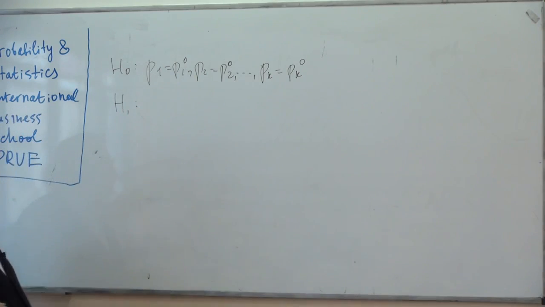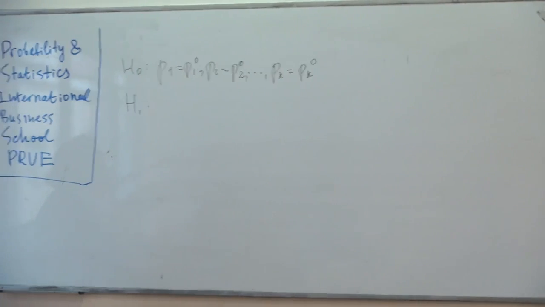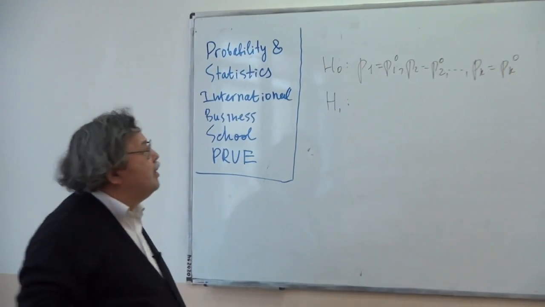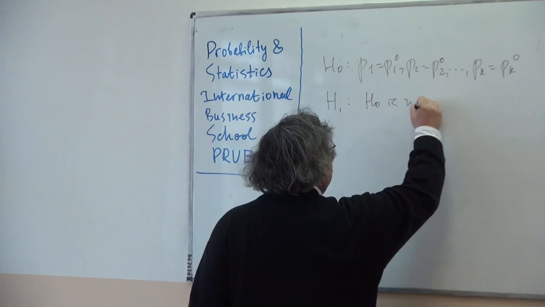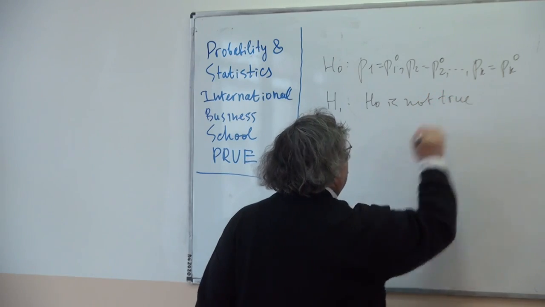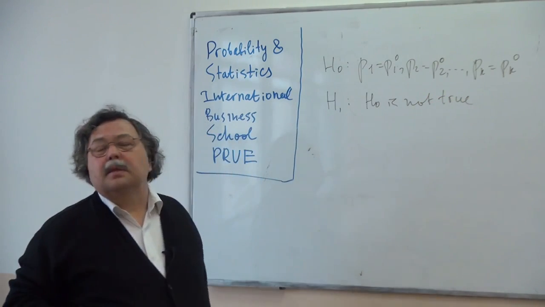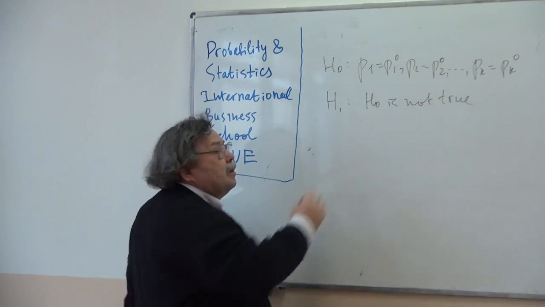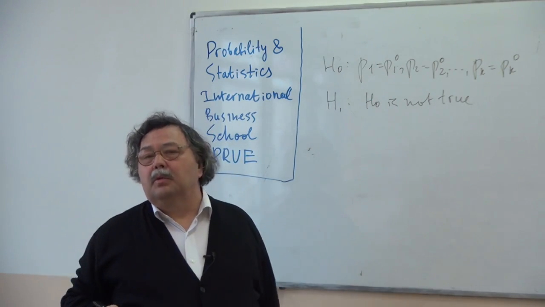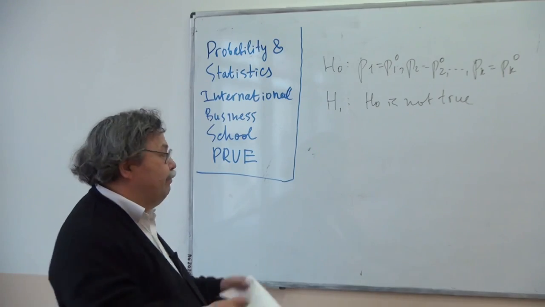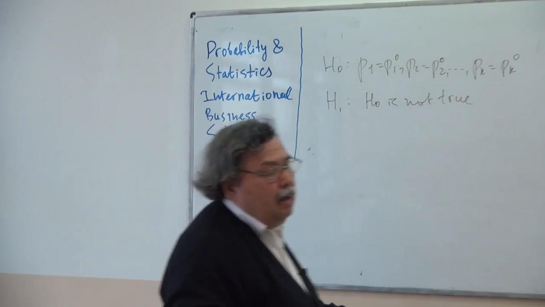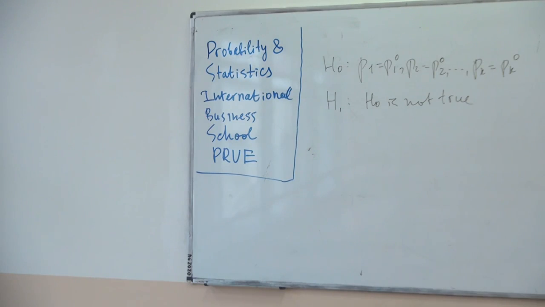Well, H1 is basically a negation of H0. It says that H0 is not true, which means that some of these equations, or maybe all of them, are not true. Well, how do we approach testing this null hypothesis?